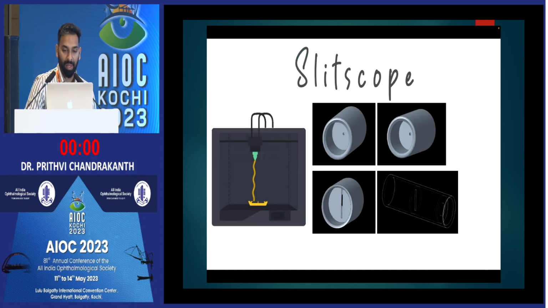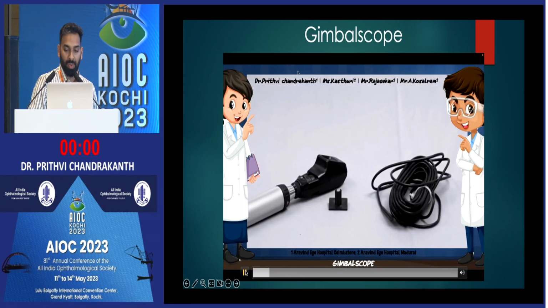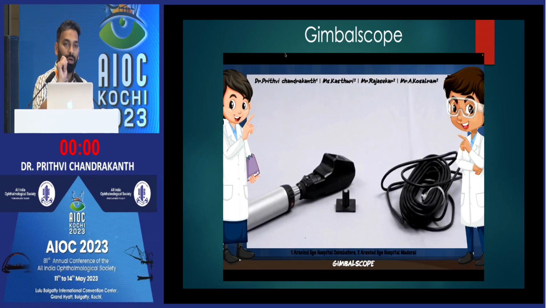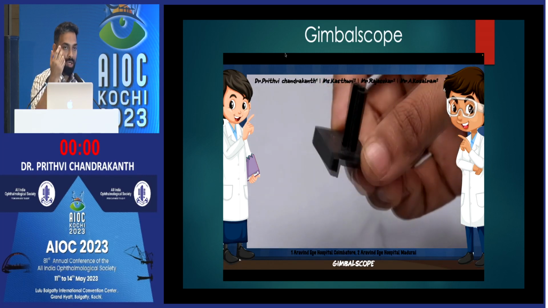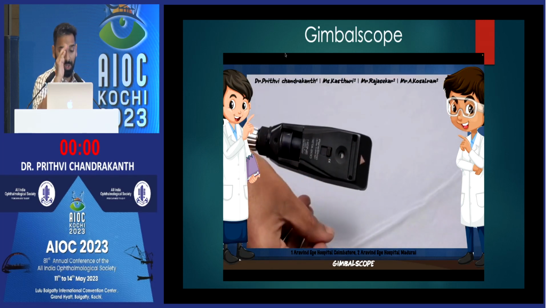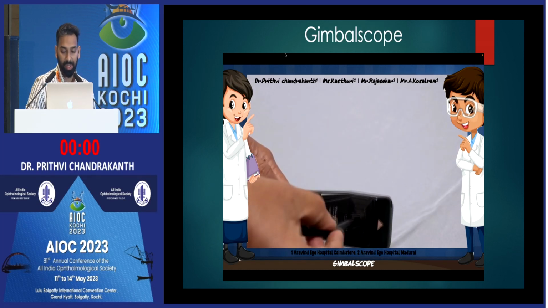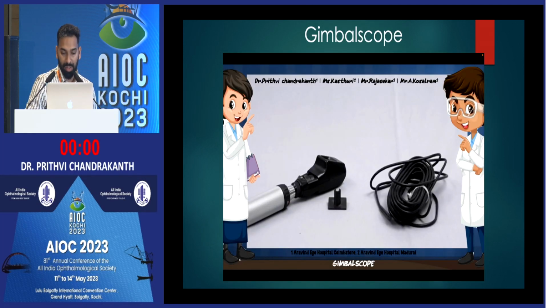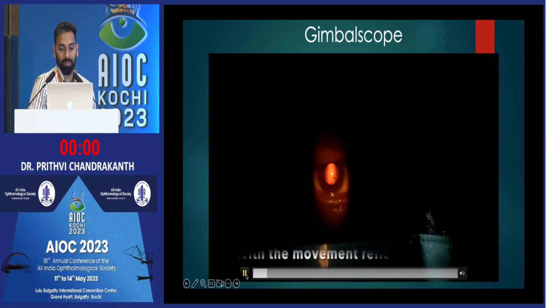Also, this is the gimbal scope. Basically, this is the one we use to record. This is the first time we are actually presenting in All India also. A very novel way of recording retinoscopy reflexes, which had not been possible before. This is the adapter which we have 3D printed, and this is the reflexes which we could see with the 3D printed adapter.